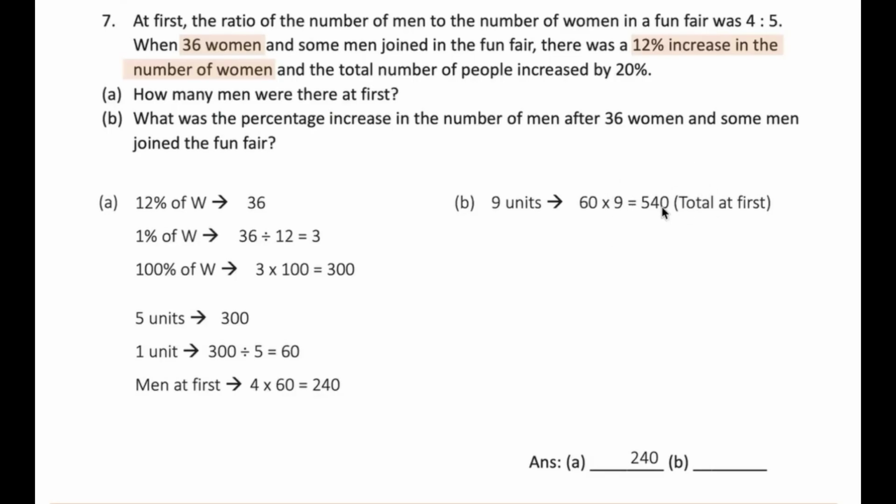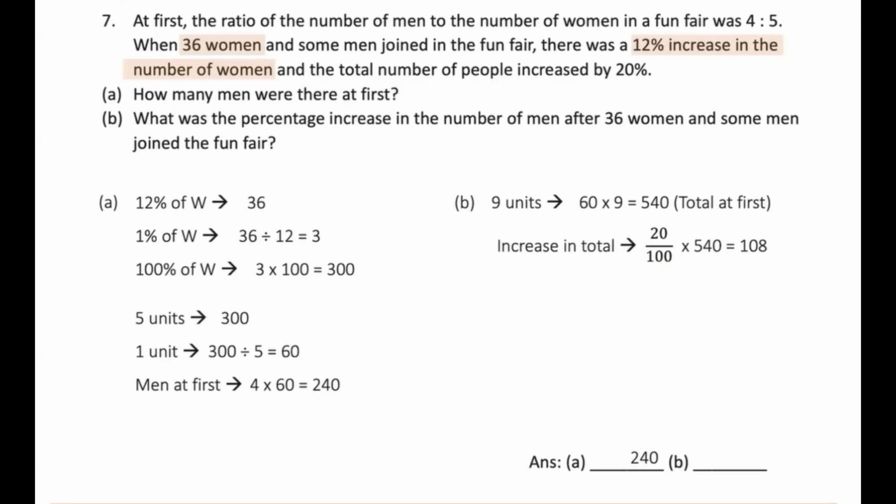Okay. And it says that the total number of people increased by 20%. So 20% of 540 is 108. So 108 represents the total number of men and women that joined the fun fair.